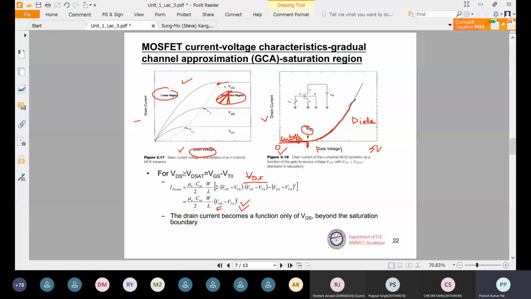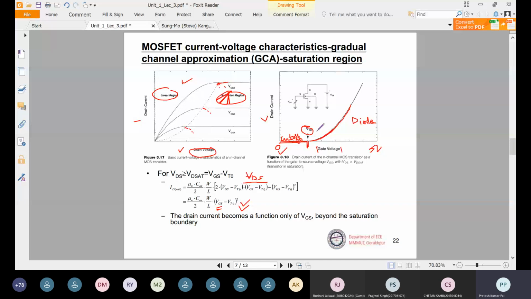The MOSFET shows a similar pattern with respect to gate voltage. With the gate voltage we apply, the drain current shows an exponential increase once the gate voltage is greater than the threshold voltage.